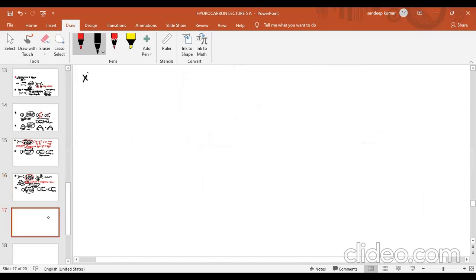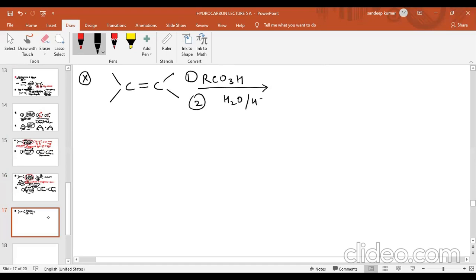So the next hydroxylation reaction of alkene. If the compound is given like this, carbon carbon double bond, and the reagent we add in the first step is like this, RCO3H, and in second step there is hydrolysis.